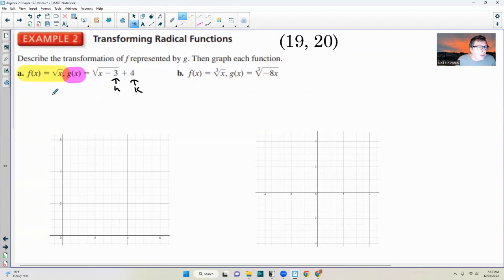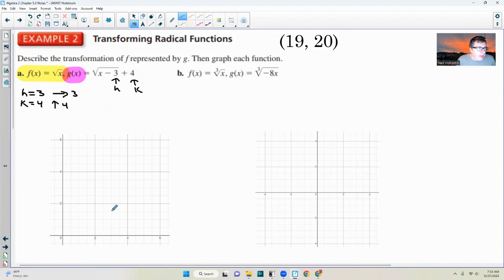It's underneath, so h equals 3. It's x minus h, and k equals 4. So the 3 inside shifts it to the right 3, and the 4 shifts it up 4, the k being the vertical shift. So that's the explanation: a horizontal translation 3 units to the right, and a vertical translation 4 units up.